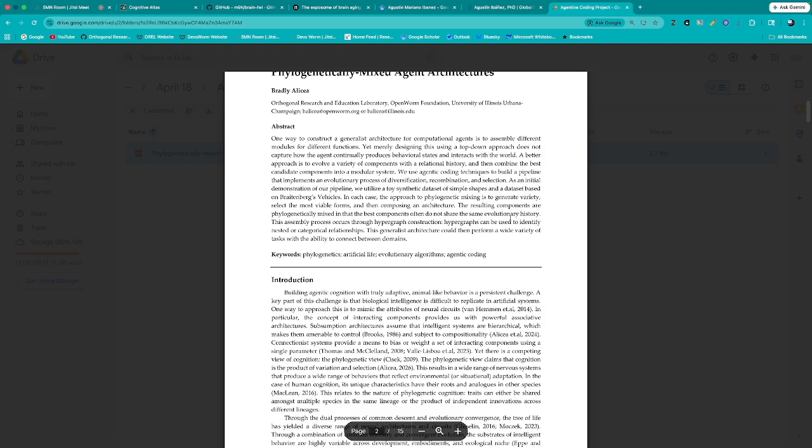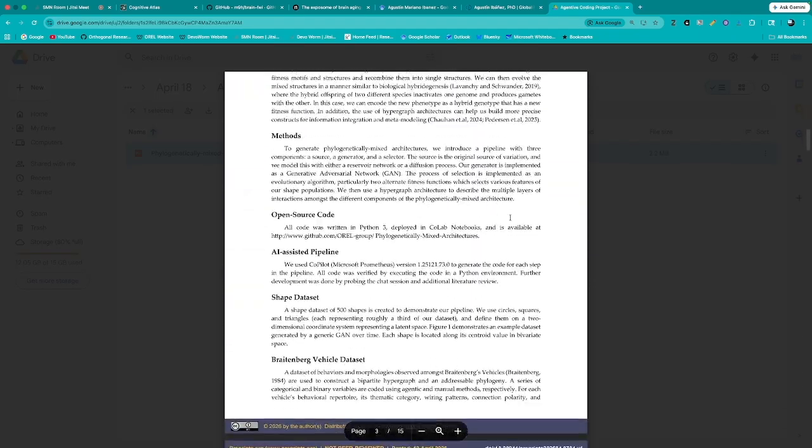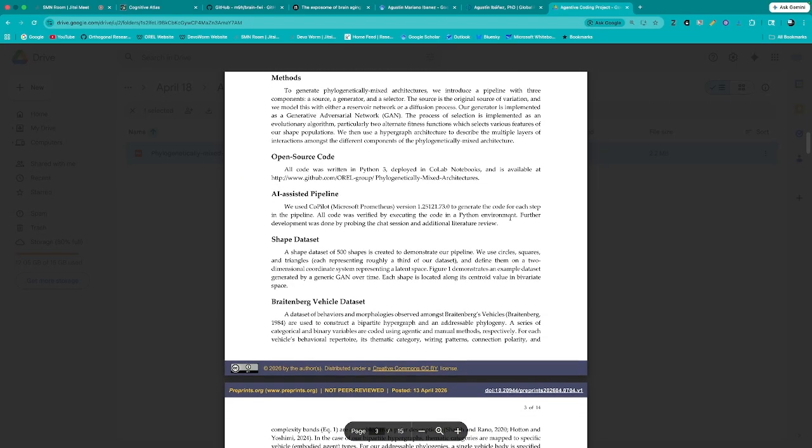And so I ended up creating this pipeline for going from some sort of generative data set to a selection mechanism, a genetic algorithm with selection, and that would produce these evolutionary lineages of agent designs. And then I would select the best ones, and I built this framework for putting those together, which was based on hypergraphs.